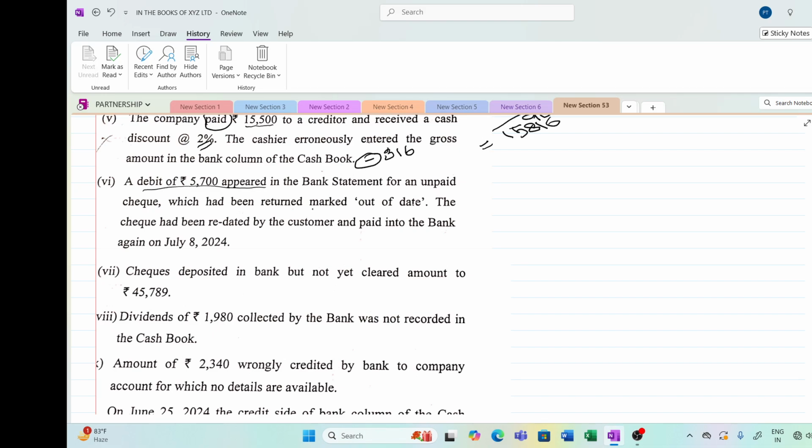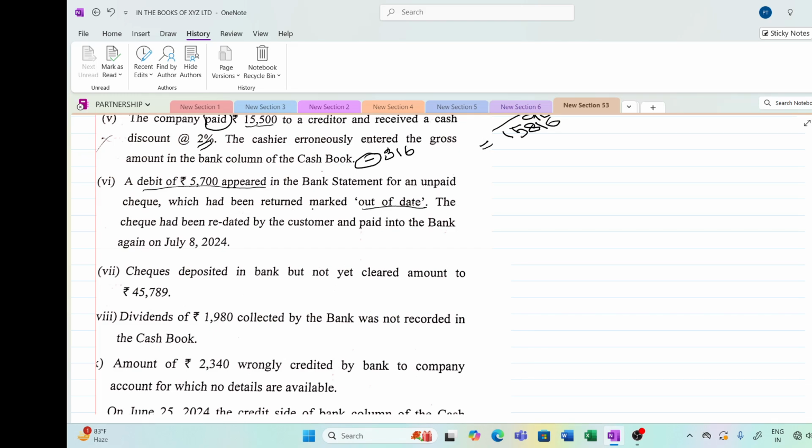This is for an unpaid cheque which has been returned and marked out of date. Actually, what happened? One cheque was deposited or received from the customer, and that cheque is out of date. So the bank received it and rejected it.